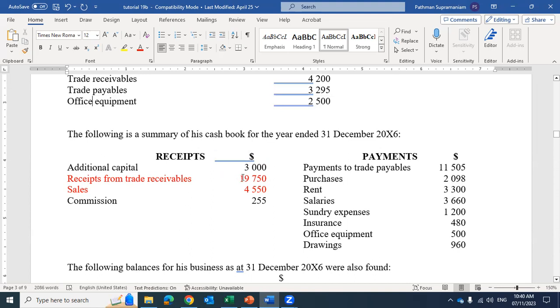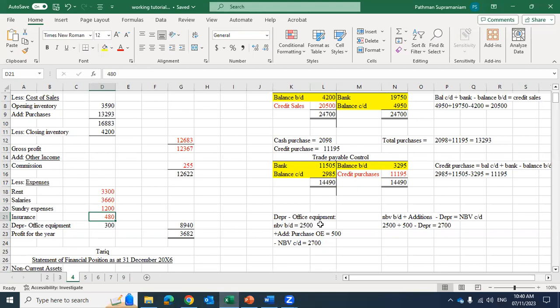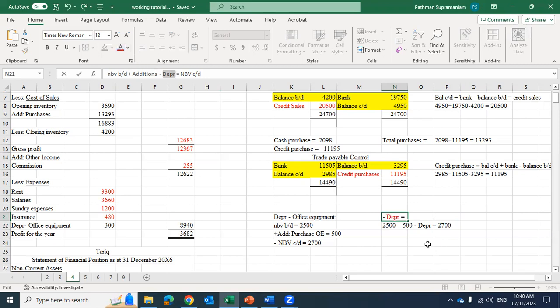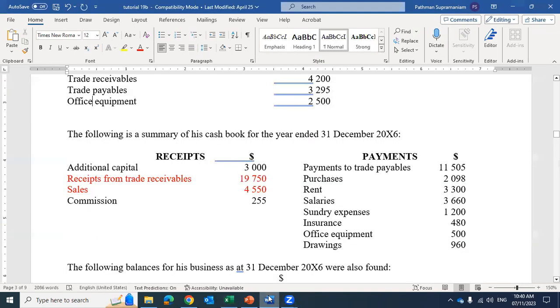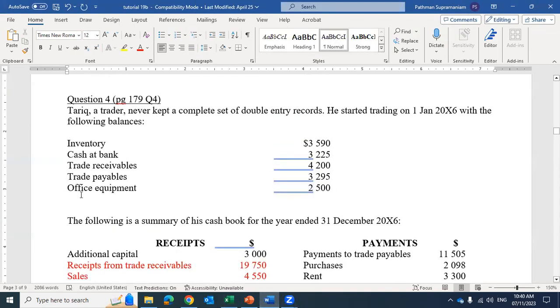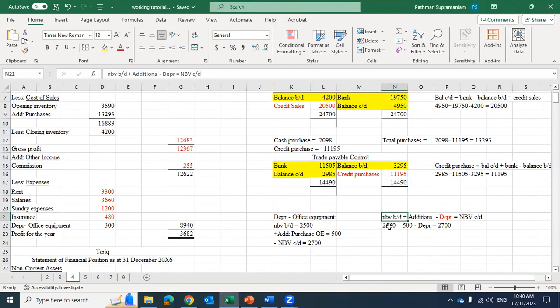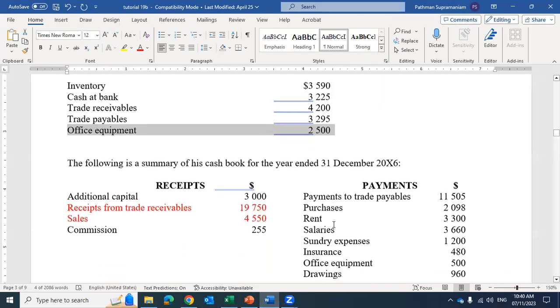Okay, so to calculate depreciation, if you recall this formula taught to you here, the net book value is now called carrying value. So the opening carrying value plus addition minus depreciation. In actual fact, we want to find this figure. We know the opening carrying value. The opening carrying value would be this figure, 2,500. Additions: we purchase equipment during the year, 500.